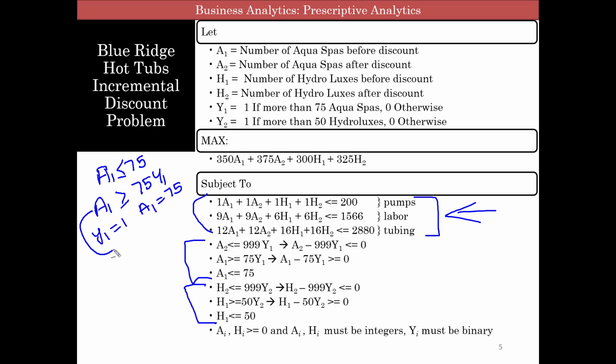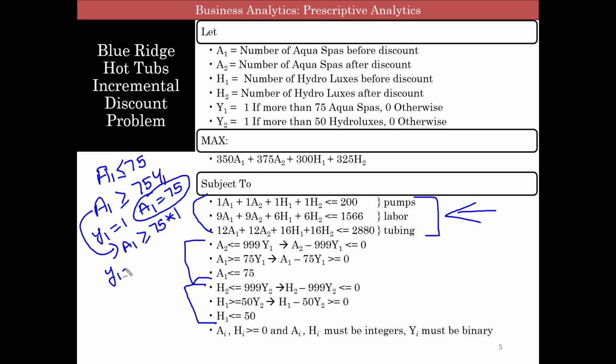If Y1 is 1, multiplied by 75, A1 has to be greater than or equal to 75 and less than or equal to 75, which means the only value it can take is 75. So when Y1 is 1, A1 automatically becomes 75.